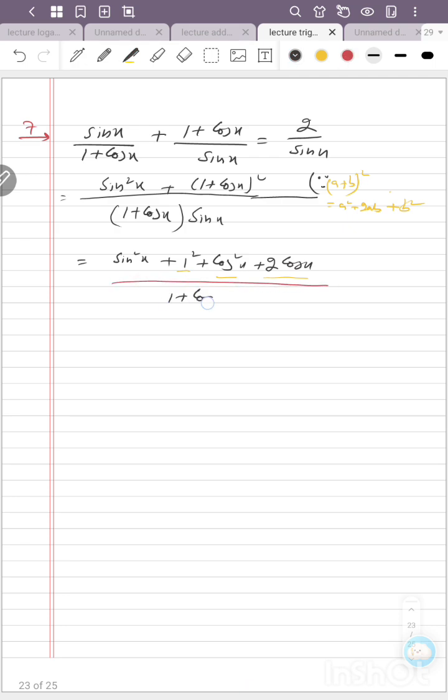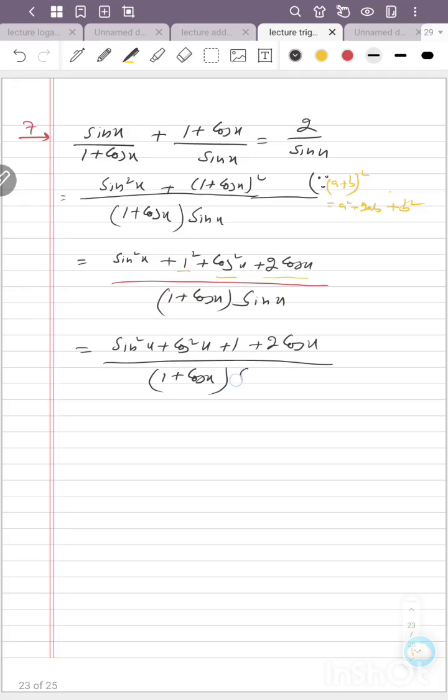Now, over 1 plus cos x times sin x, sin square plus cos square x plus 1 plus 2 cos x. Sin square plus cos square will be 1.